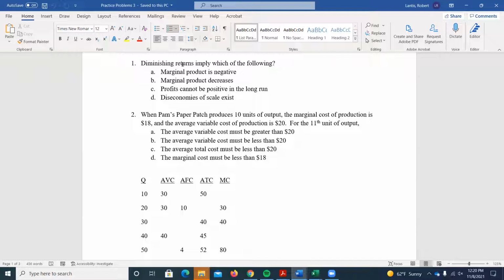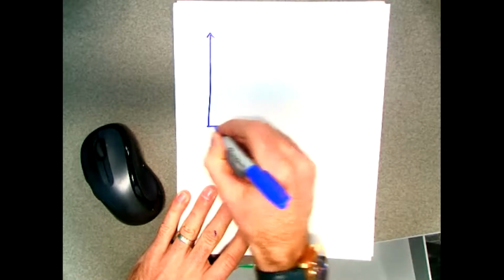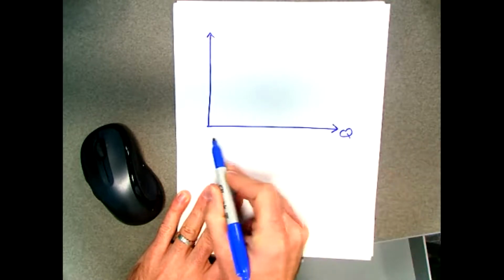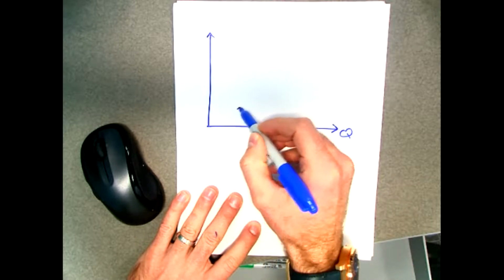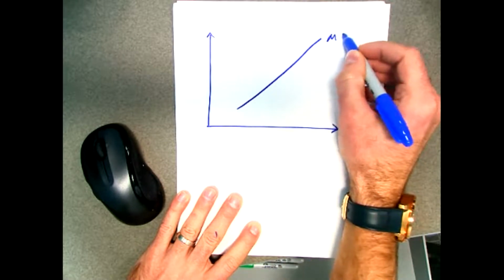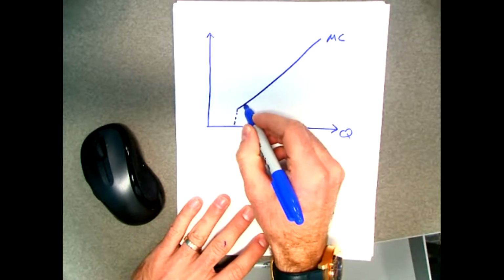And because we had diminishing returns to labor, that implied that we were also going to have increasing marginal costs, right? So when we were looking at those cost curves, we said as I want to produce higher and higher quantities, my marginal cost curve was going to be increasing, right?